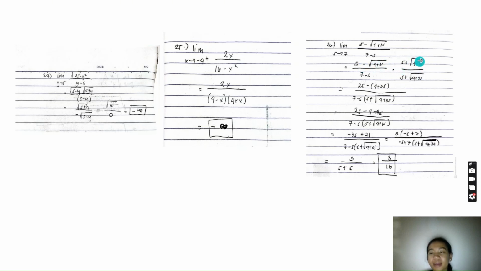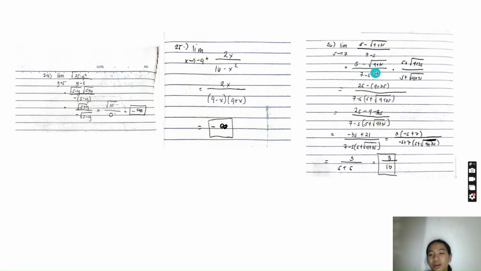Therefore, we will multiply it by its opposite operation. Since it is negative here, then we will multiply it by positive here. We just copy what is here, and what has changed is its operation, which is now positive, and same for its denominator.